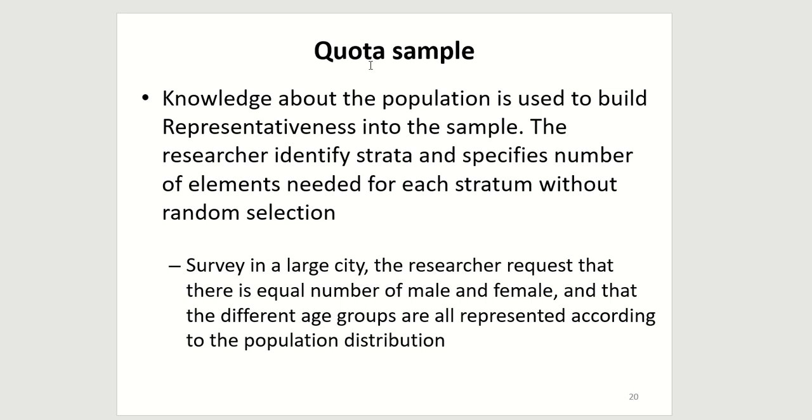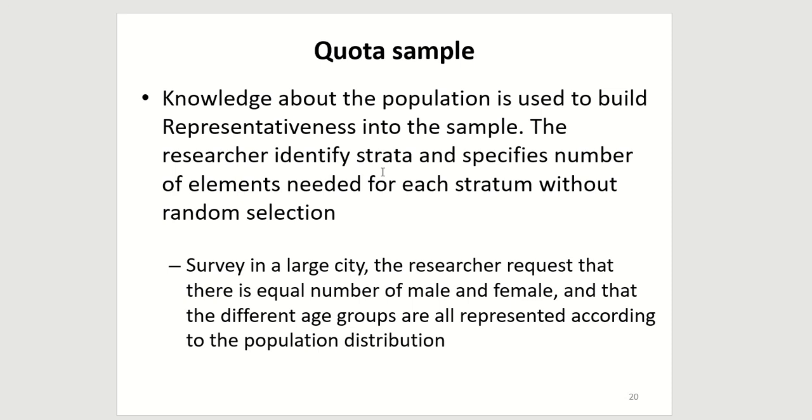So how do we define the quota? We define the quota based on what we know about the population. Our knowledge of the population will allow us to build the quotas. Where do you get information about the population? From surveys that were done on the population, or a census, or for example in Lebanon, the CAS, the Central Administration of Statistics.